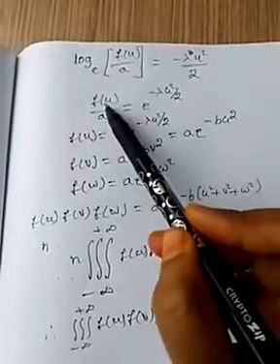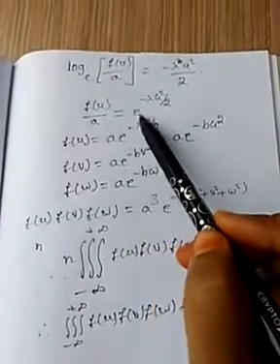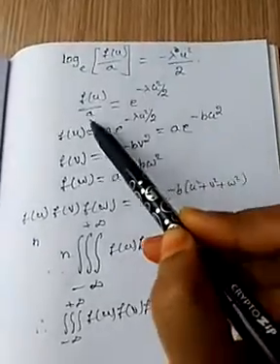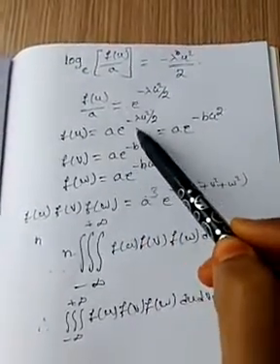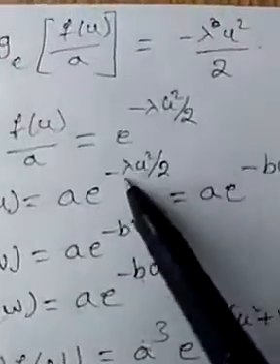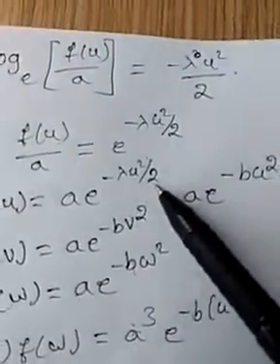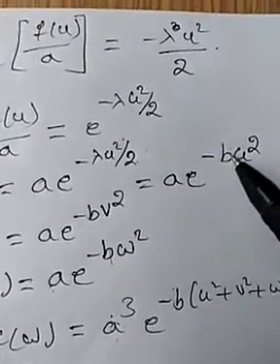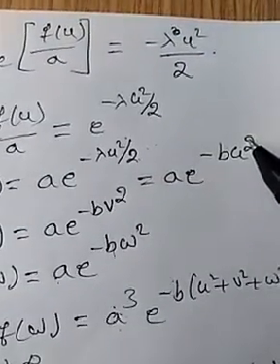Then it becomes f of u by a equals e power minus lambda u square by 2. A is taken onto the right side, and in place of lambda by 2 we write b. So it becomes a into e power minus b u square.